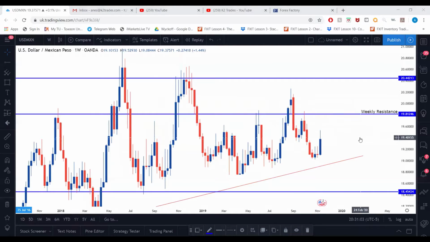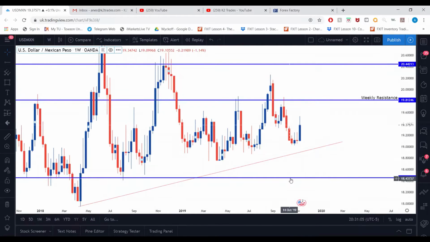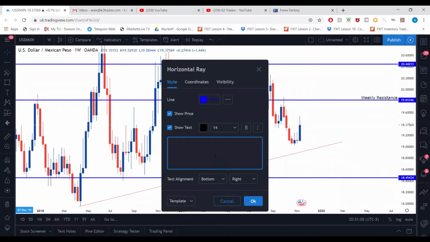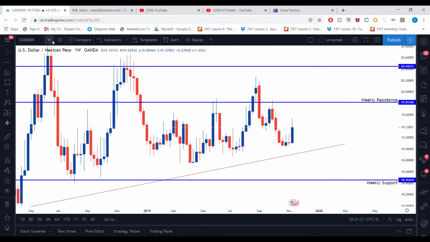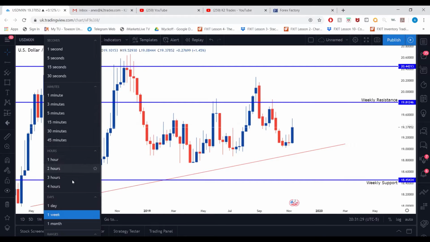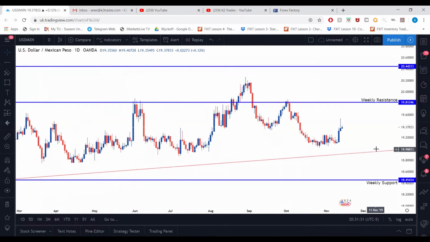So it came with the weekly resistance. This will be support, but it's pretty far away. And USD MXN was from Dre. Let's go on a daily, see what's going on.